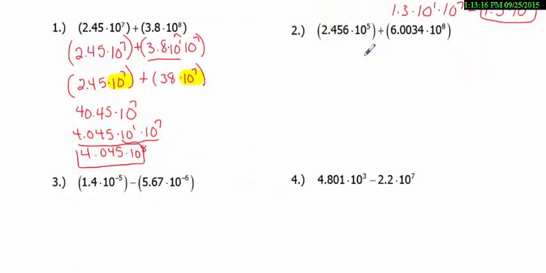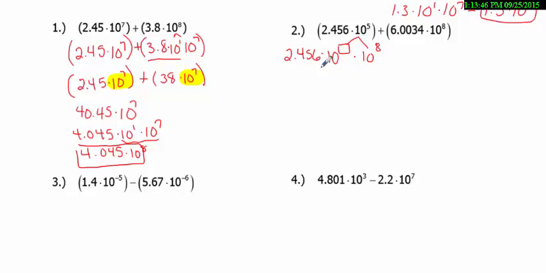In number 2, again, we need to make sure that the exponents are equal. I'm going to decide to make both exponents 8 this time. Not for any reason, that's just what I'm deciding. And so what we have is 2.456 times, now this here, the 10 to the 5th, is what I need to change to 10 to the 8th. So it will be times 10 to a power multiplied by 10 to the 8th.